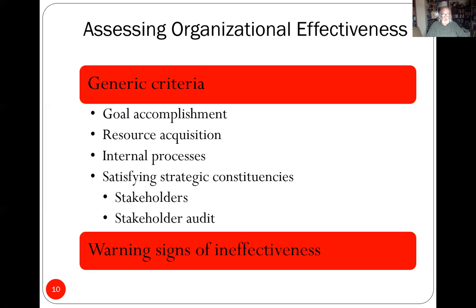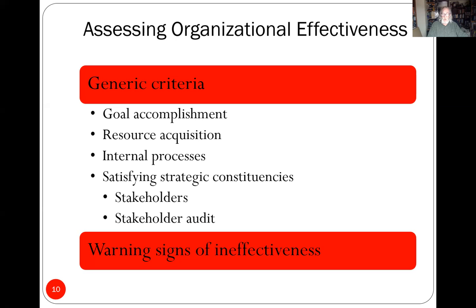So you hold a stakeholder audit. And the first thing that will do is identify who all your stakeholders are in case you haven't realized that certain parties or groups and populations really are your stakeholders. And you do have to do somewhat of a balancing act depending on how many stakeholder constituencies you really do have.